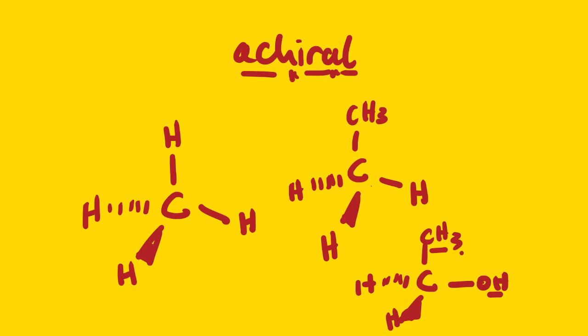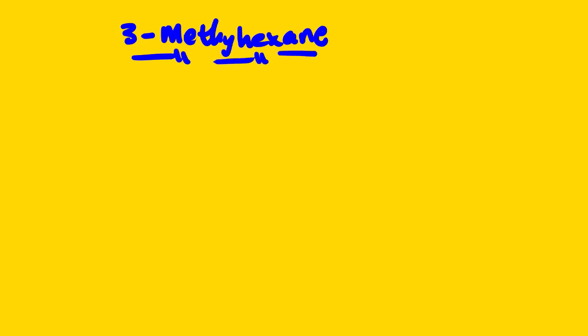Now, before we can get to enantiomers, let us look at the guidance on how to draw chiral molecules. Let's say we want to draw 3-methylhexane.